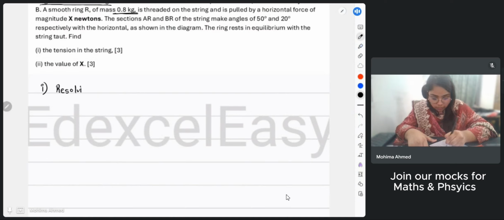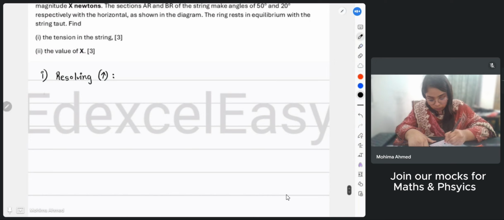Because on the horizontal axis we have the unknown variable x newtons. Resolving vertically, we write the equation resultant force equals mass times acceleration. Obviously, RF indicates resultant force, not reaction force. I'm going to consider upward as positive.